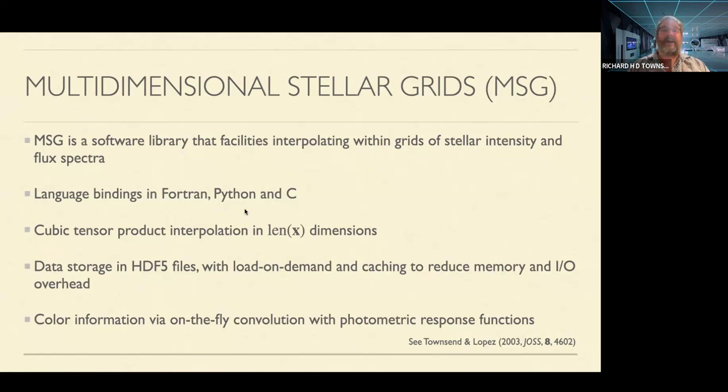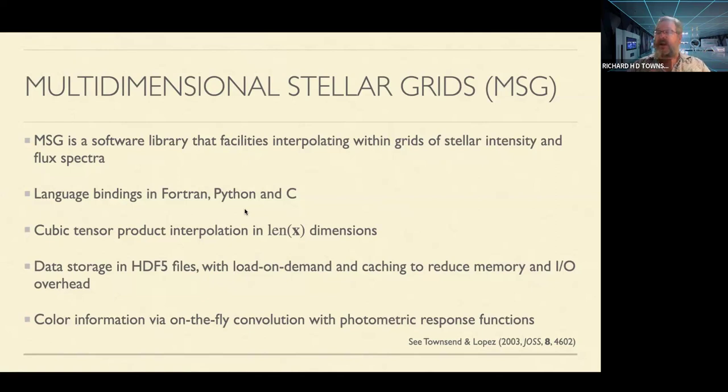And there's a set of controls that you can use to set an upper limit on how much data is stored in memory at any one time, meaning that even with a very, very large grid, you can run on a relatively small memory machine, albeit with a performance impact as data are evicted from the cache and fresh data loaded from disk.